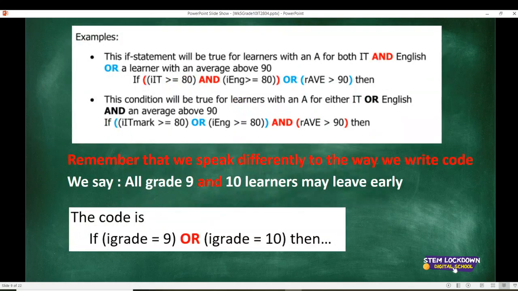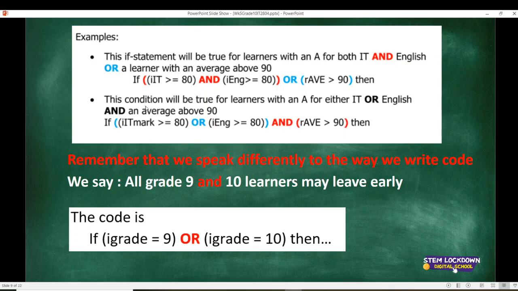So let's have a look at examples of how using brackets can also be important. I'm going to go on to it just now as well. But let's have a look at these ones here, because here we have a mixture of and or. So in this if statement, it's going to be true for learners with an A or a mark of 80 or above for both IT and English, or somebody that has an average above 90.